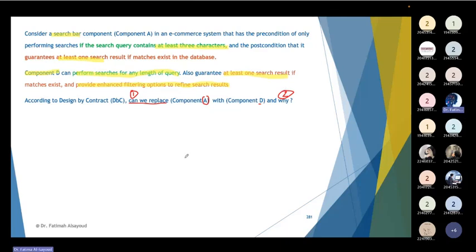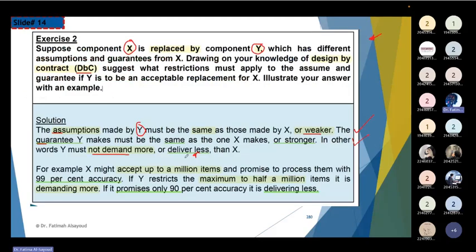Why am I happy with the result, and can I accept it? Can I replace component A with B? Based on what we explained, you can: weaken the assumption and strengthen the guarantee.